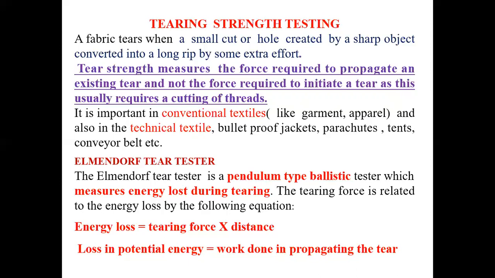Now, tearing strength is very important. It is important not only in conventional textiles, but in technical textiles also. Technical textiles here means different types like bulletproof jackets, parachutes, tents, conveyor belts, etc. And dear students, always remember that even in the case of conventional textiles, tearing strength is more important than breaking strength, because, as I have repeatedly told you in the classroom lectures also, during usage a dress material is never subjected to a high amount of force sufficient to break the fabric, right?